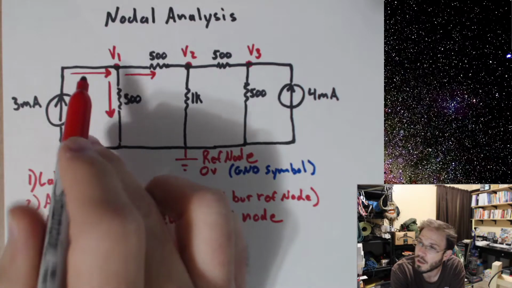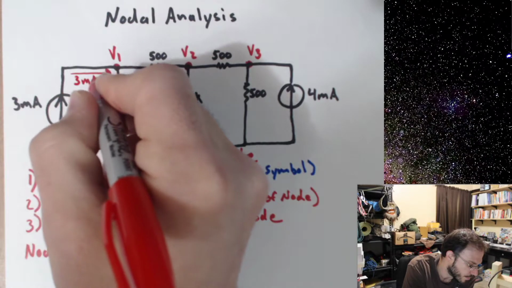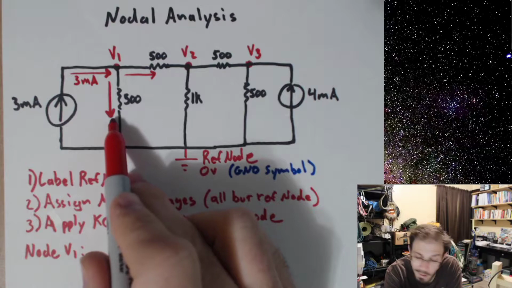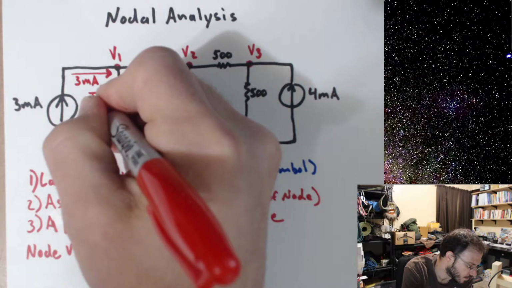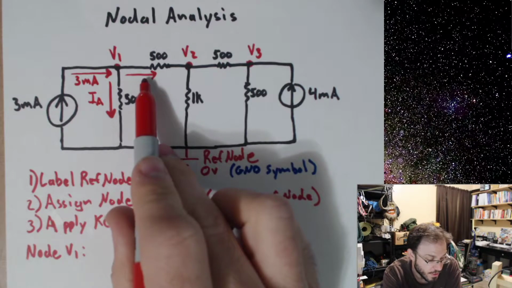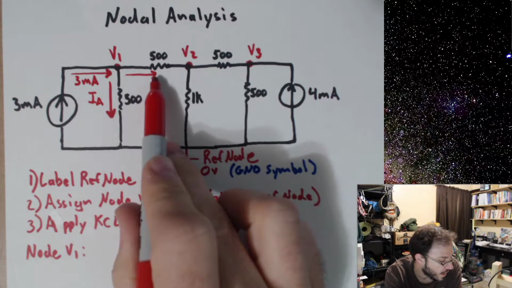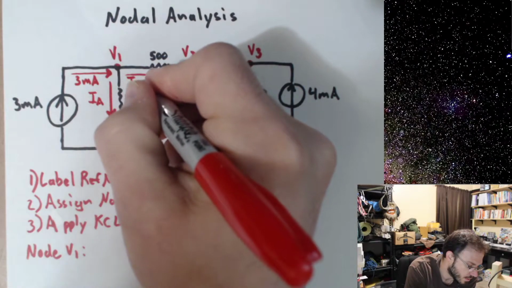So I'm just going to call this 3 milliamps. Okay, now this current that's going down, I'm going to go ahead and just call it IA. I don't know what it is yet. Same thing with this third current over here, this one that's leaving V1. I'm just going to call it IB.